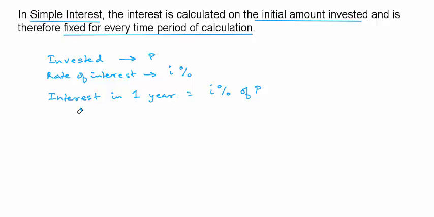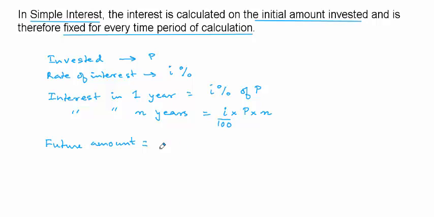Therefore, the interest earned in n number of years is going to be all of this multiplied with n. So it's going to be I times P times n, provided I is a decimal. If it's a percentage, we need to divide that with 100 to change it to a decimal. And therefore, the final amount referred to as the future amount is equal to the initial amount invested.